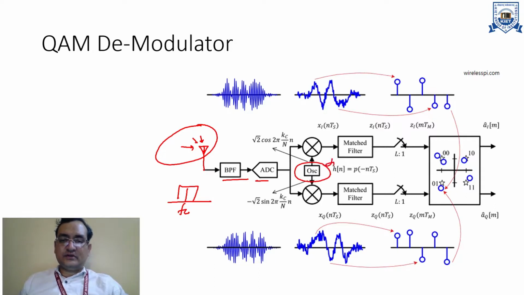This is the single frequency component, and then a matched filter with alpha, and a switch that is used to sample the incoming signal, and after that the decision making device which delivers the resultant demodulated data.